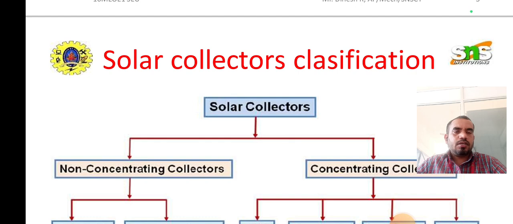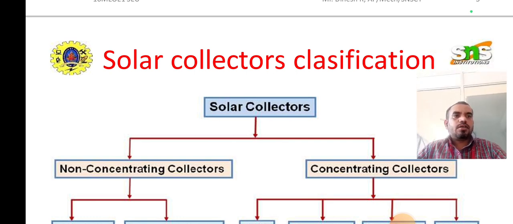As we saw earlier, solar collectors are mainly categorized into two types: non-concentrating collectors and concentrating collectors. The best example for a non-concentrating collector is the flat plate collector.